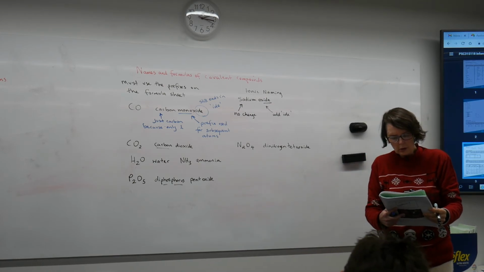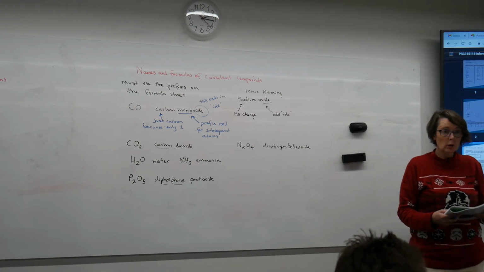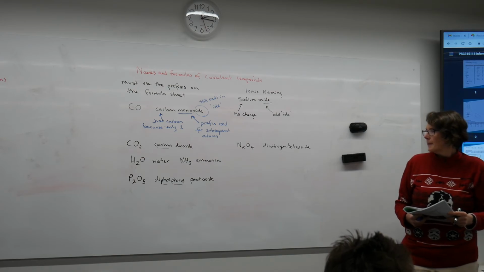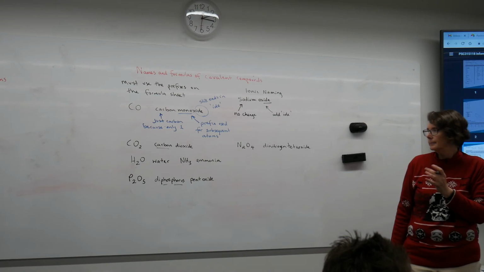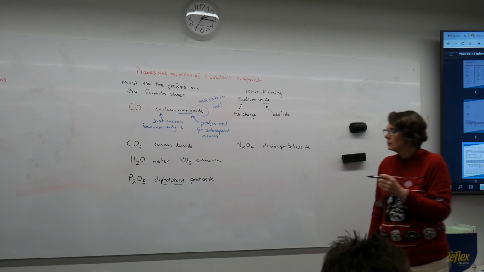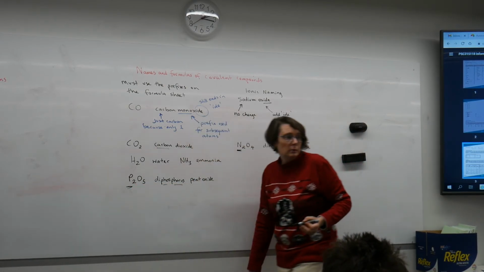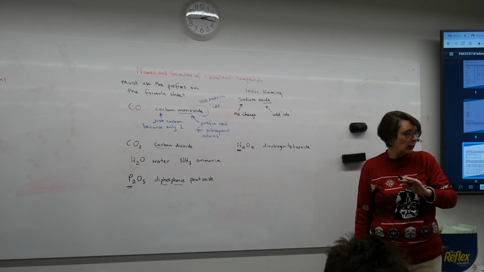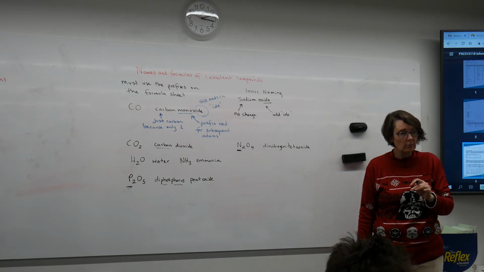Okay, so can you see that this is a little bit different to how we were naming our ionic compounds? So when you're asked to name, or when you're looking at reactions, you're going to need to look and see, is the first thing named a metal or a non-metal? Because if it's a metal, you'll need to name it for ionic bonding, and if it's a non-metal, you'll have to name it for covalent bonding.